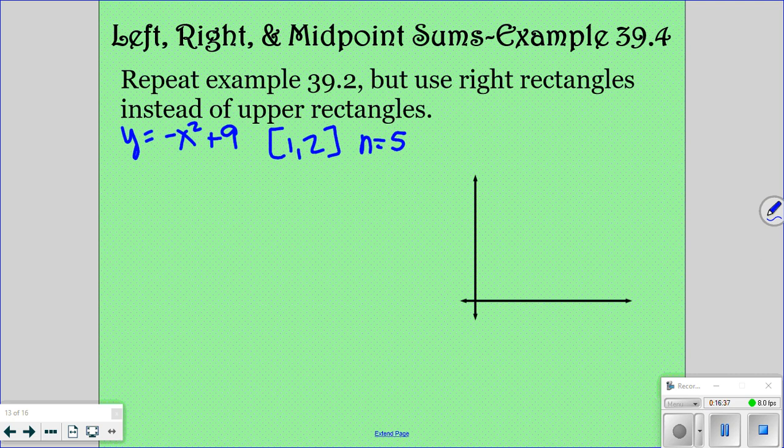Okay, so we're going to start off by graphing. And we're going from 1 to 2. And I know it's not exactly to scale, that's okay. And we need to have 5 rectangles. I'll leave a little bit more room here.